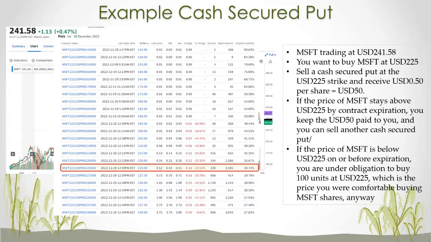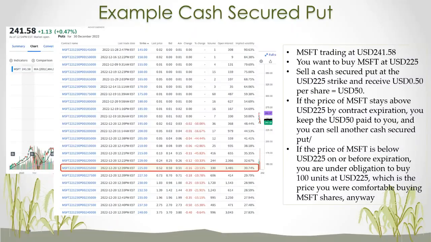The flip side is that the price of Microsoft drops below $225 on or before the expiration on the 30th of December. What that means is you have to fork out $225 multiplied by 100 units to buy Microsoft at $225, because receiving the $50 premium commits you to buying Microsoft at that price if the price drops below the 225 mark.